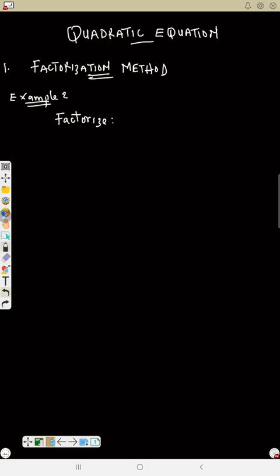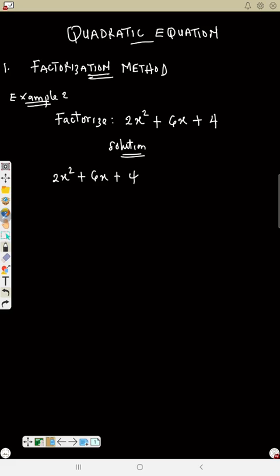So another one, let's say we have 2x squared plus 6x plus 4. Now let's factorize this. 2x squared plus 6x plus 4. So the first thing, again, we have been given 2x squared plus 6x plus 4.